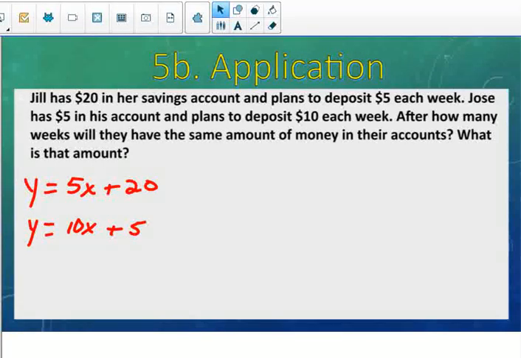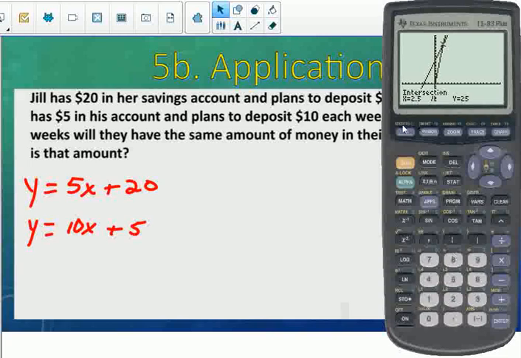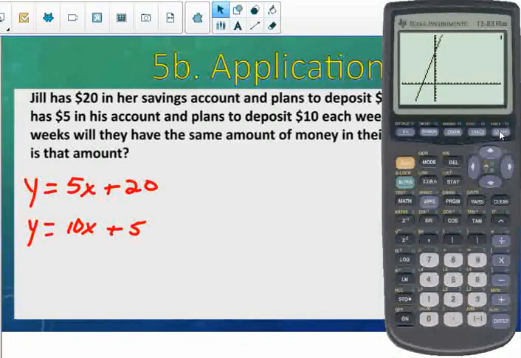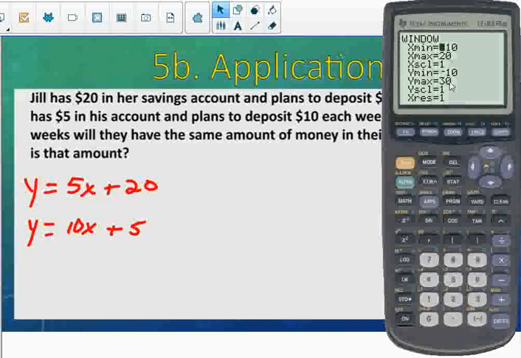Again, I'm going to use my calculator here. I'm going to graph it, hit the y equals, clear everything, back up here, so 5x plus 20. Second one is 10x plus 5, and we can graph them. You can see it's off a little bit, so let's change our window.